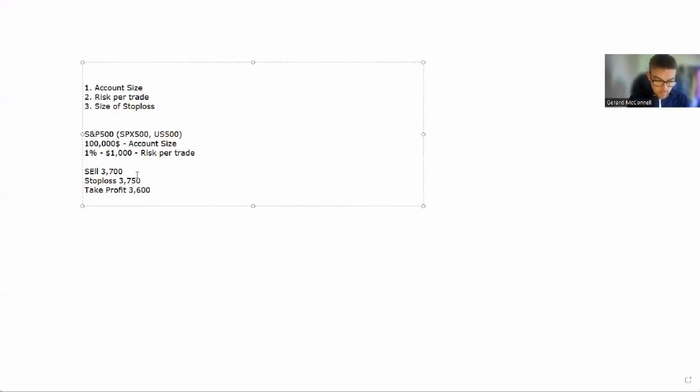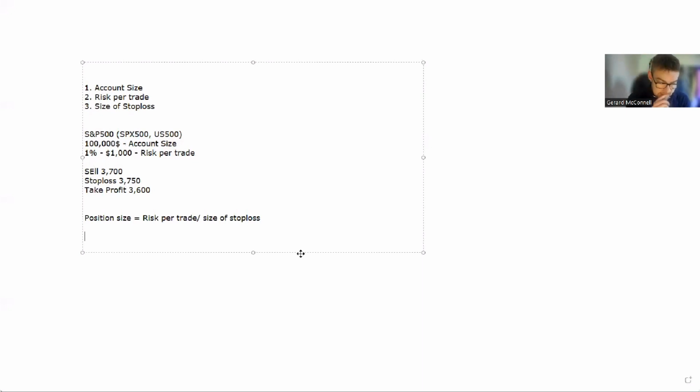So what is the position size on MetaTrader as a result? Well, the position size is always the risk per trade. The position size equals risk per trade divided by the size of the stop loss. That's very easy to identify, because in this example the stop loss is 50 points above the selling entry.